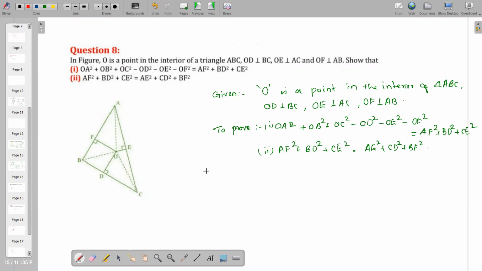What construction can we do here? Join AO, BO, and CO. After joining this one, what are we getting?